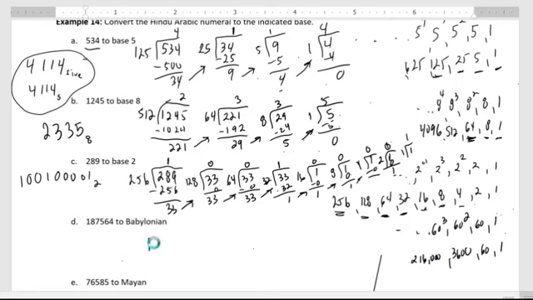Okay, so we want to divide 187,564. We can divide by 3600. That's going to go in 52 times. Times 3600 is 187,200, giving us a remainder of 364.